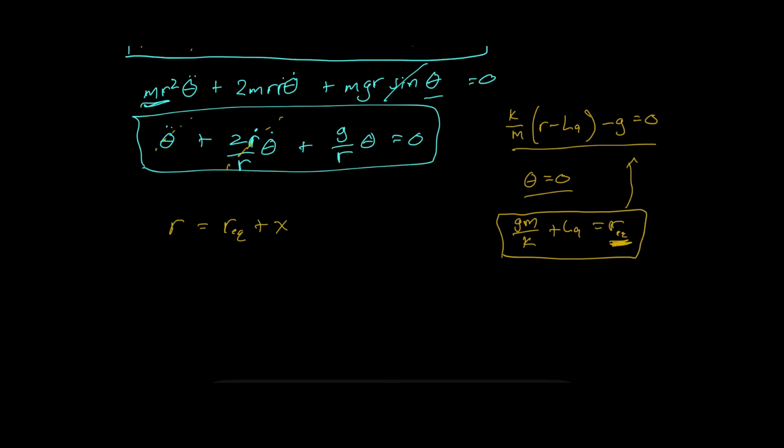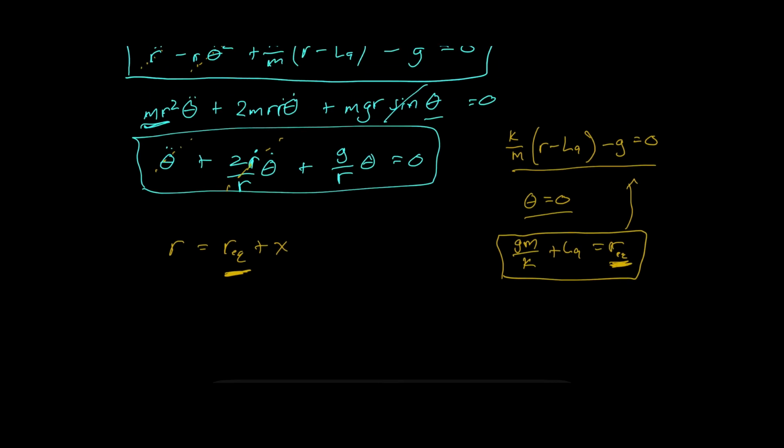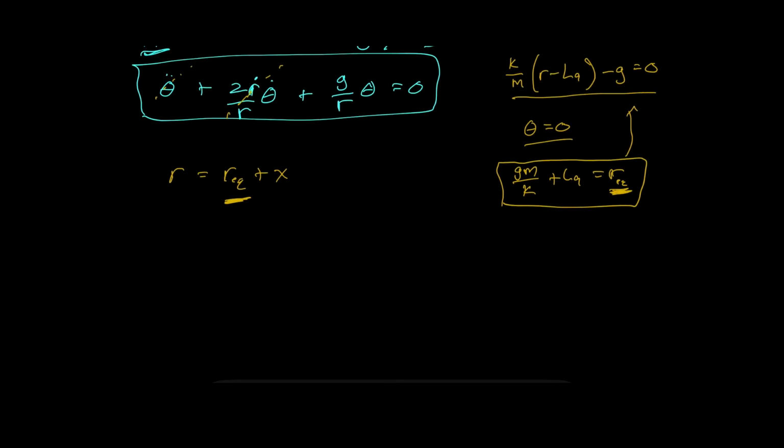So now we have r, we're going to turn into r equilibrium plus x. And so let's just do that. So we have x, we're solving for x here, so it equals r minus r equilibrium. And then theta. Okay.